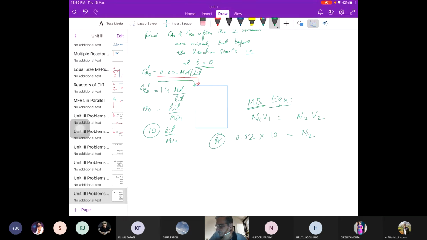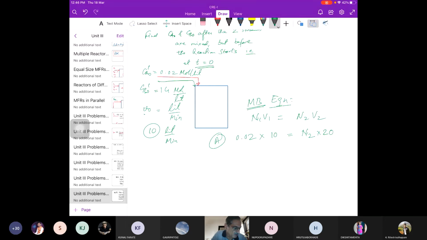Nupur? If I mix 10 liters of A and 10 liters of B, what will be total volume? 20 liters हो जाएगा ना?